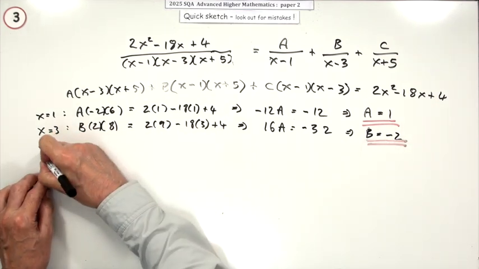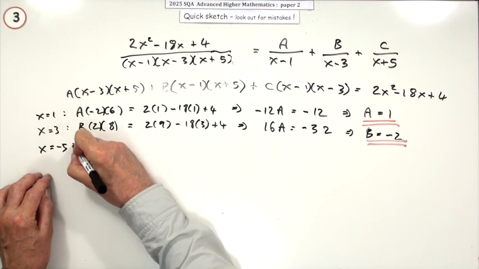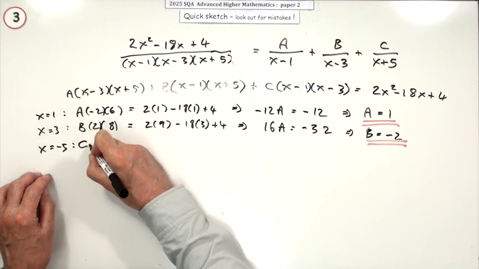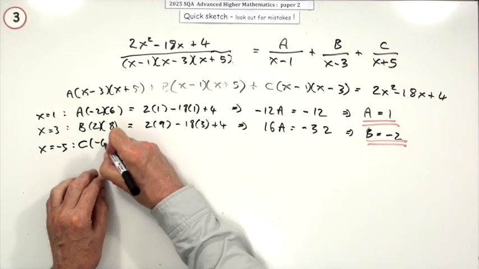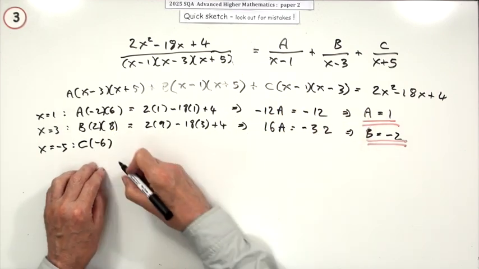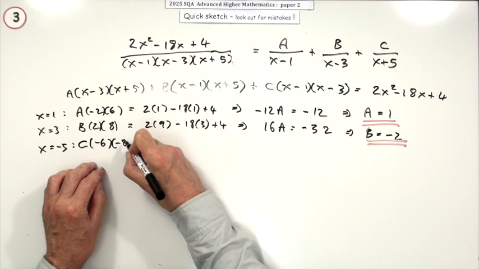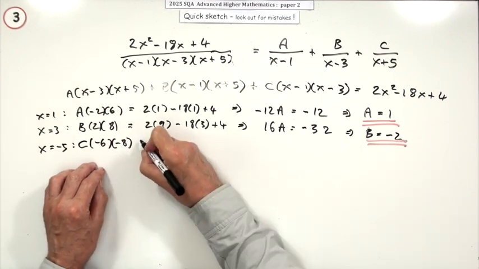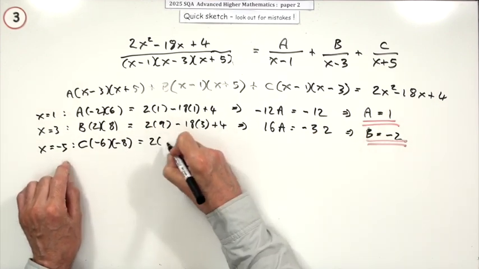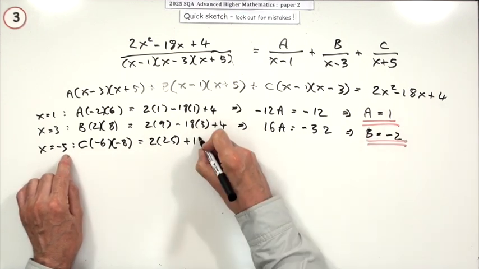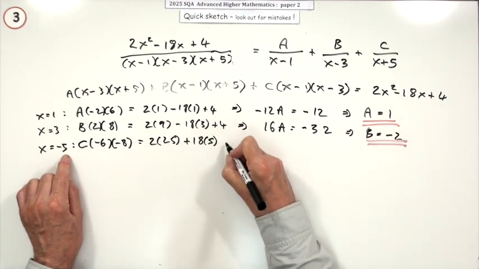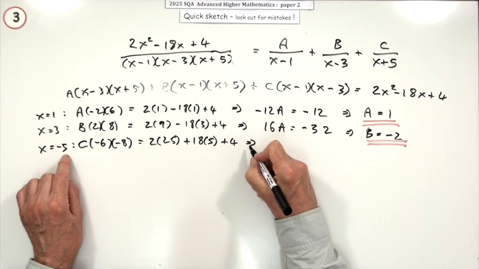And same for C. Make x equal negative 5. So you've got C times, and you put it in there, negative 6 times negative 8, that's 48C. And that'll be 2 times positive 25, plus 18 times the 5, plus 4.